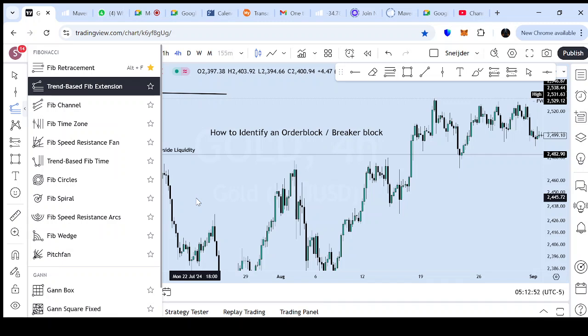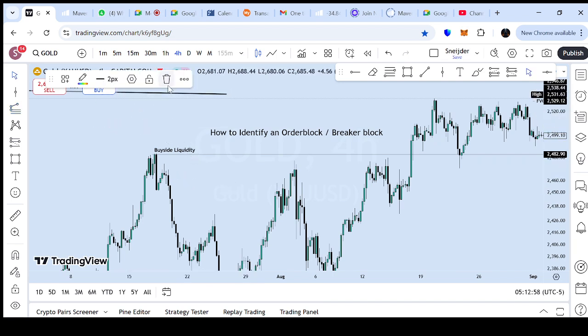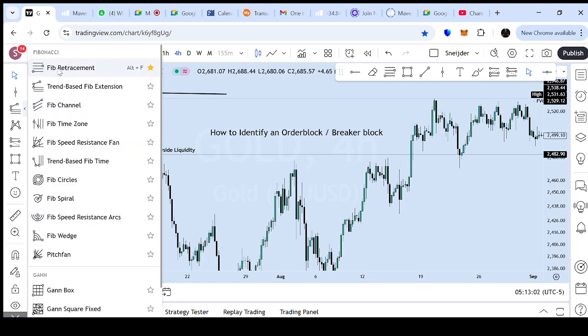Equilibrium is 50%. When you hear equilibrium, you know that it's a 50% level. So you make use of your Fibonacci.